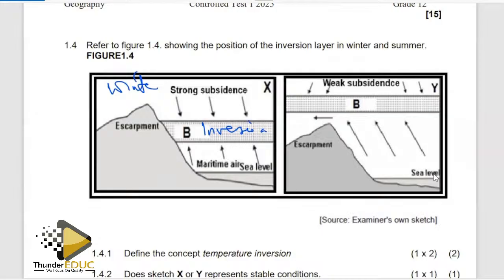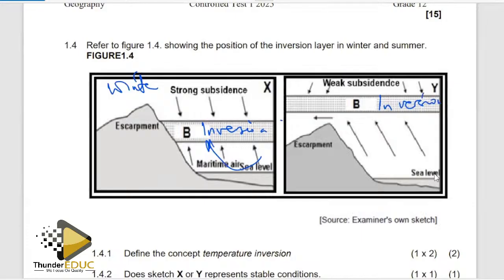There is strong subsiding air because of the intensity of the Kalahari high pressure cell, such that the inversion layer gets lowered below the escarpment and it blocks incoming air from the South Indian high pressure. And during summer, because there is weak subsidence, the Kalahari high pressure cell is not active enough. The inversion layer will get elevated.